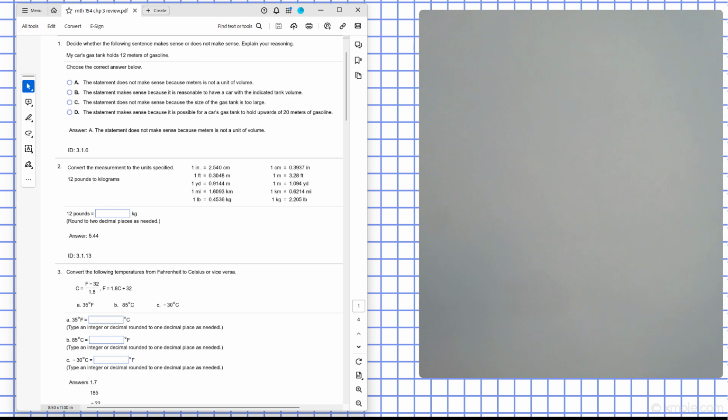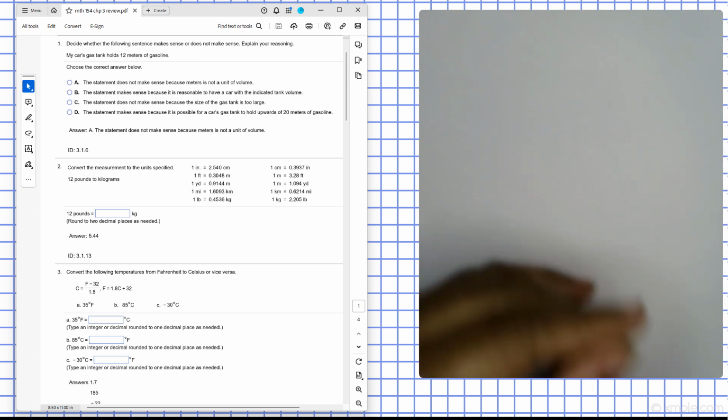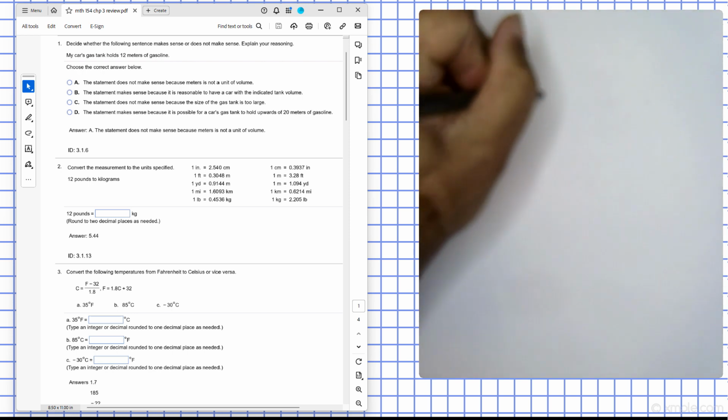Number 2, convert the measurement into the unit specified. So we have 12 pounds and we want to convert that into kilograms.